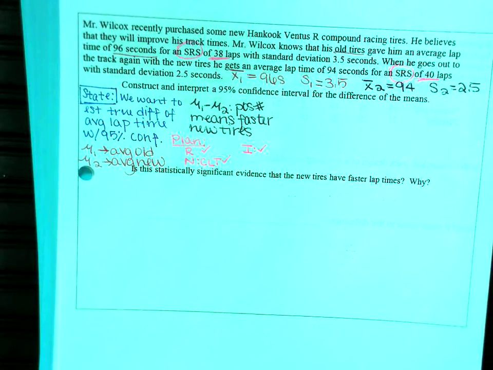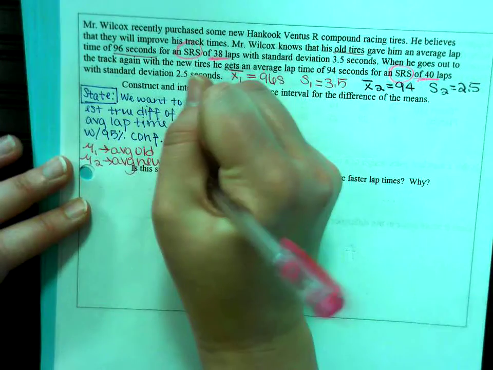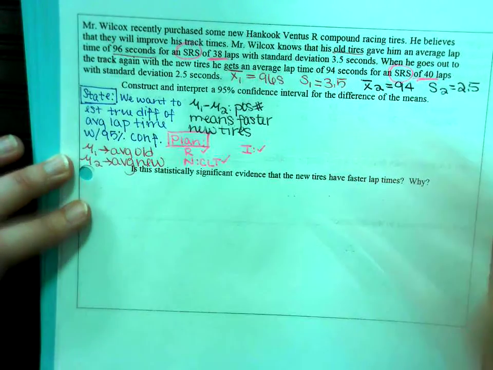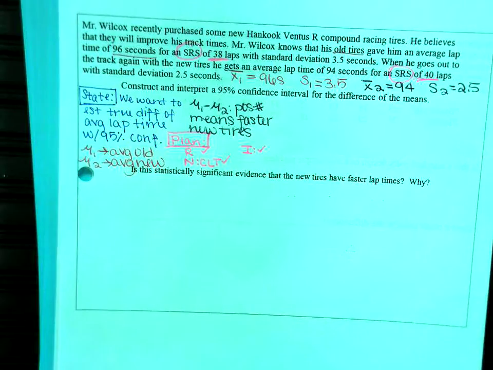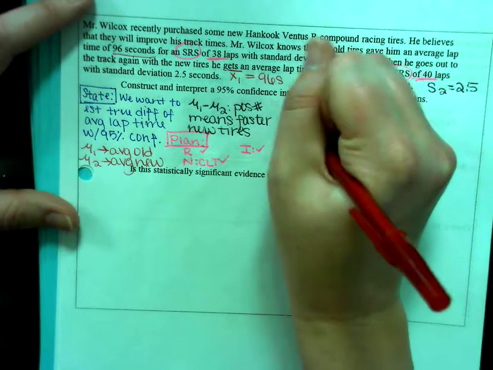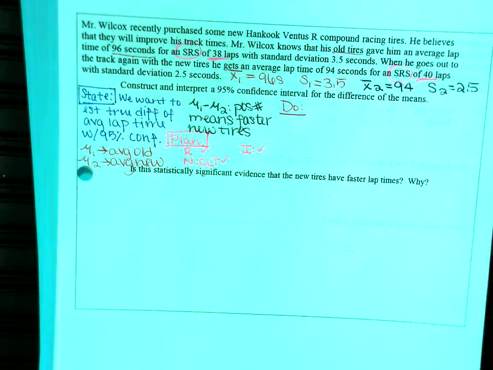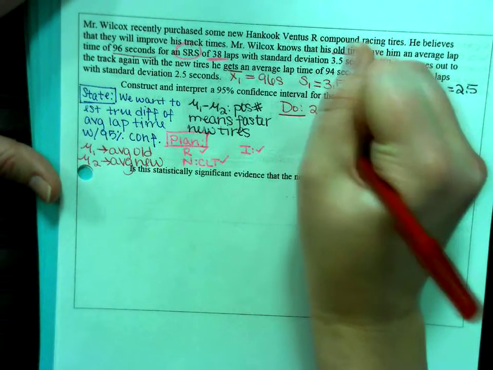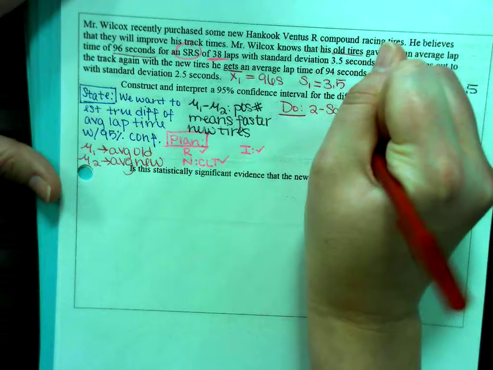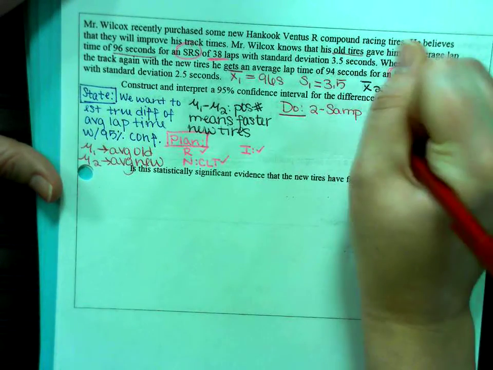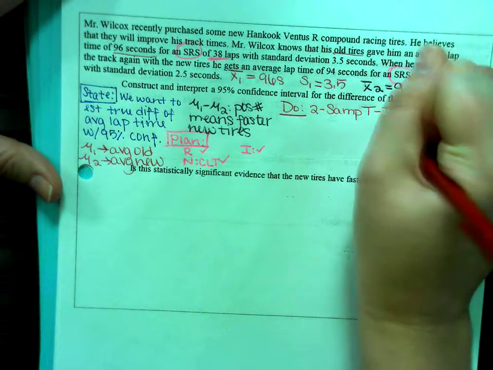Now we get to do. So I have my state, my plan. So we're going to use a 2 sample T interval.